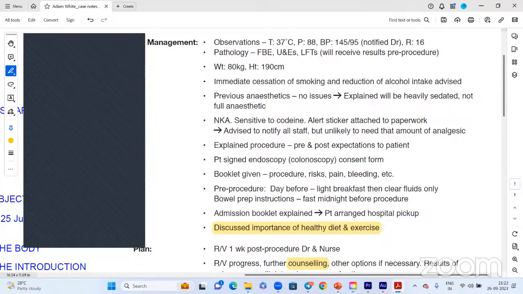Lifestyle modifications regarding diet and exercise, dietary and exercise regimen. Lifestyle modifications have been advised, Swati, because modifications have been advised. Modifications have been advised.